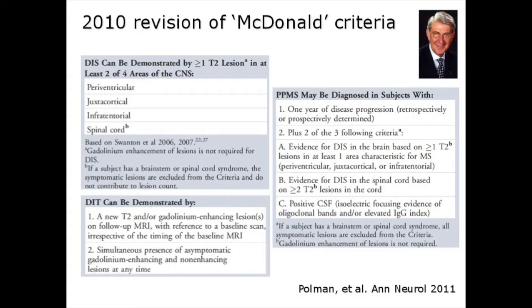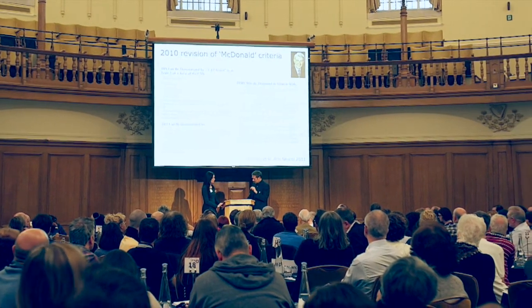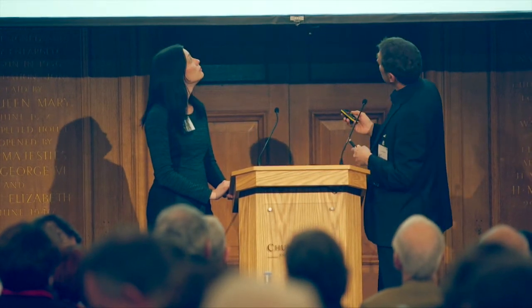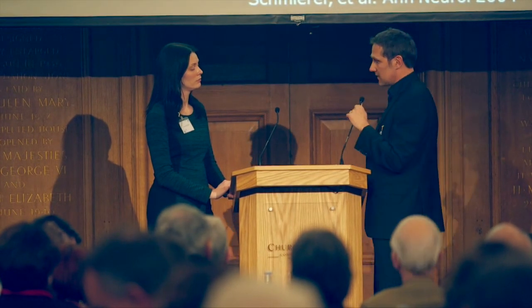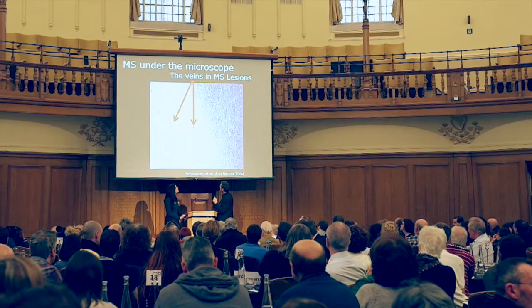And therefore, we were planning a reappraisal of these diagnostic criteria using a different approach. So instead of looking at the pattern in space and time, we've gone back to the lab and looked at the histology of MS lesions. And this is a section stained for myelin.